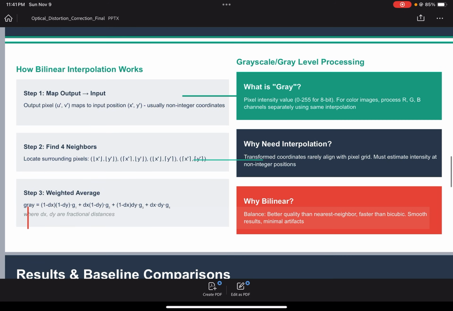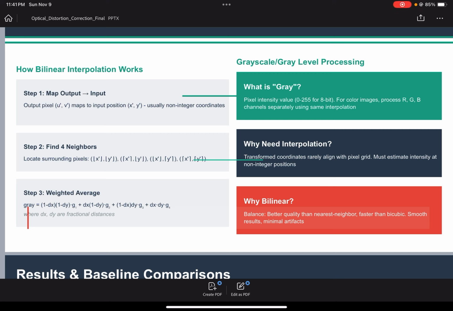Finally, in step 3, we compute a weighted average, and the formula is shown here. The fractional parts dx and dy represent how far we are from the lower left corner. If we are very close to one pixel, it gets more weight. If we are in the center, all of the 4 pixels contribute roughly equally, and the variables G1 to G4 represent the gray levels or color values of those 4 pixels.